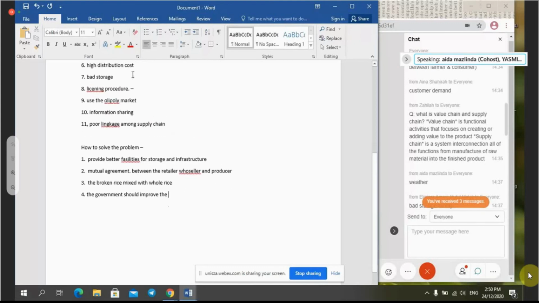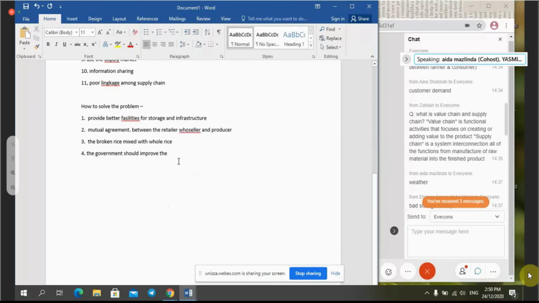Ni kita ada dalam weather lah. Okay, the government should improve the infrastructure. The transportation tak? Transportation facility lah. Okay, apa lagi?